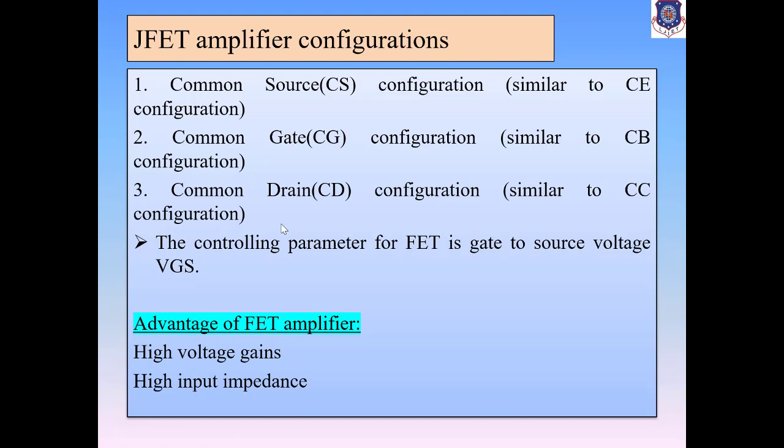Dear students, we have already studied the configurations of bipolar junction transistors. Those configurations are named common emitter, common base and common collector, in which the emitter, base and collector terminals were grounded respectively. Here we will study the most important configuration, the common source configuration, which is used as an amplifier.